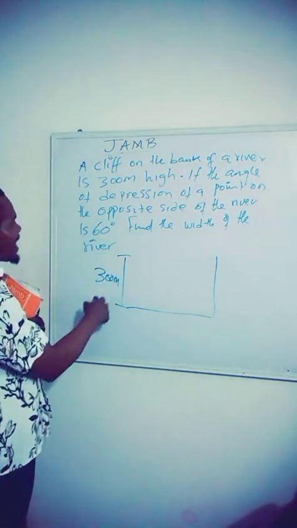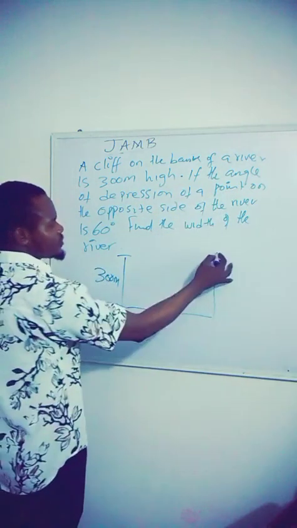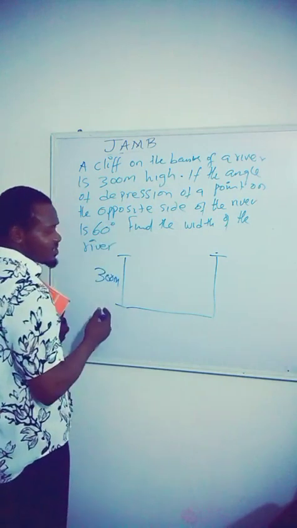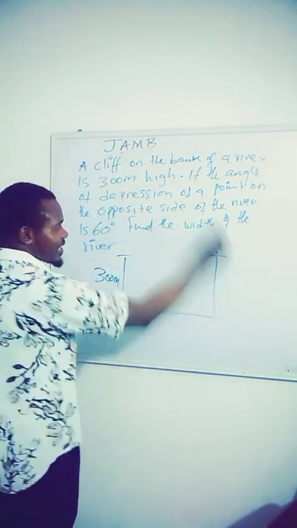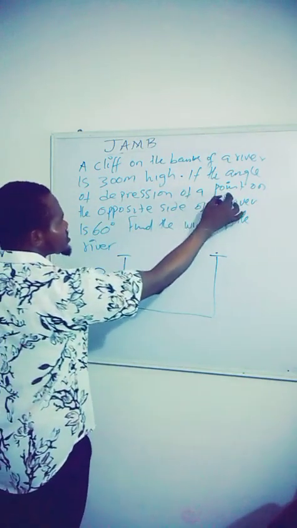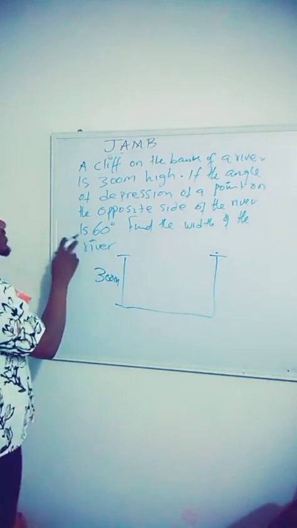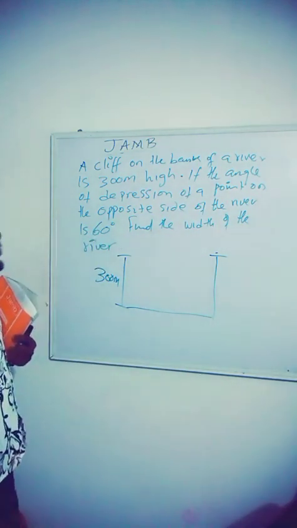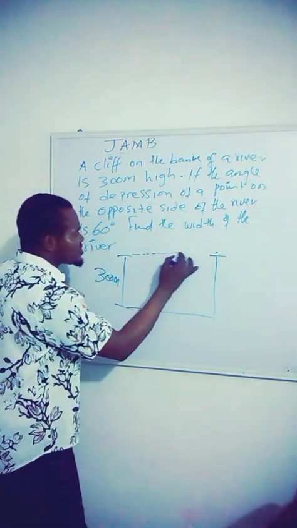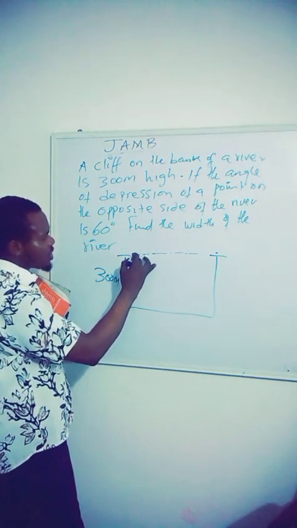Now they said if the angle of depression of a point on the opposite side of the river is 60 degree. This is one side of the river, and this is the other extreme end of the river. When we are talking of the angle of depression, this is the initial level and you are looking down, so it's not up to 90.